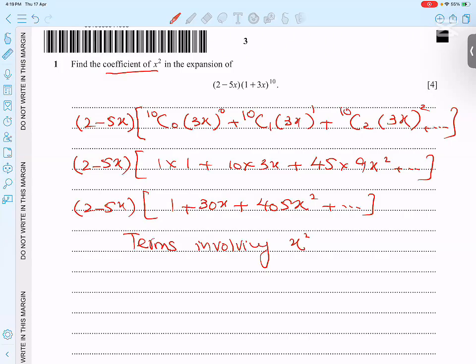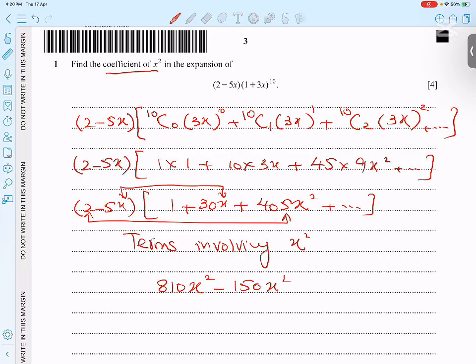Rather than I multiply each number with each number, simply say that this multiplies with the last term, we get 2 times 405, which is 810 x to power 2, and this x multiplies with x, negative 5 times 30, which is negative 150 x to power 2. So I believe the point is very clear.